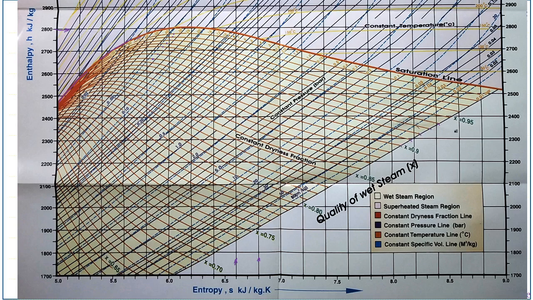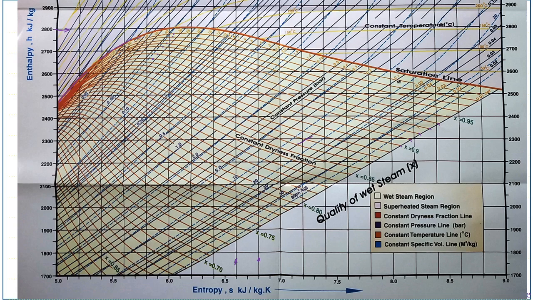In this way these brown lines indicate the dryness fraction. Then there are lines known as constant pressure lines. You can see this dark continuous line, which represents a constant pressure line.